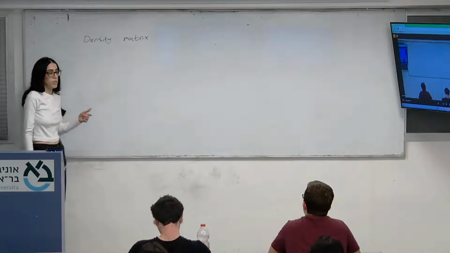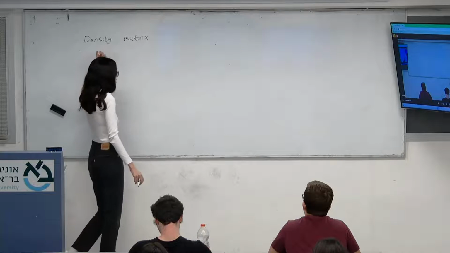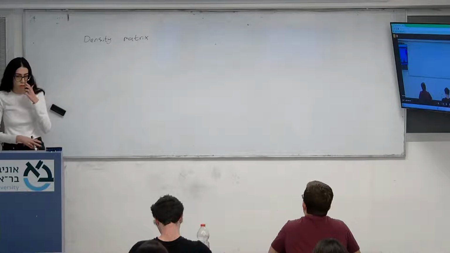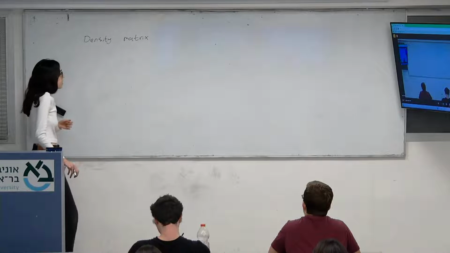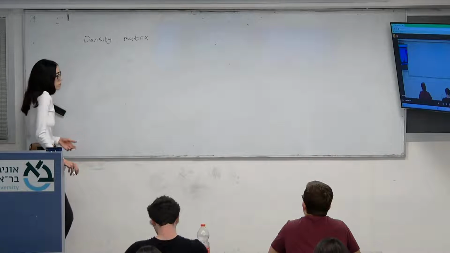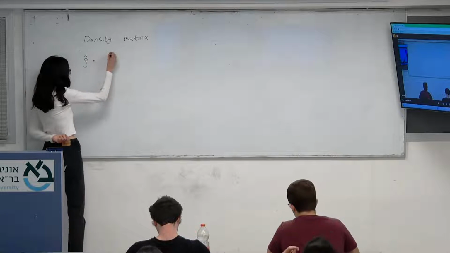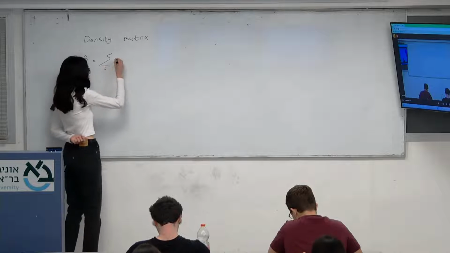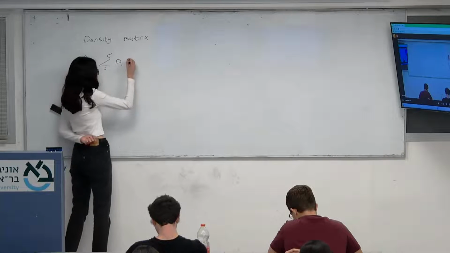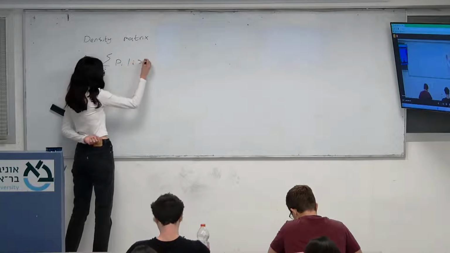So far we talked about something called the density function, which is the solution of the Wills equation. And now we're going to have a density matrix. So the density matrix is defined as a summation. So I have Pi, and then ket one.